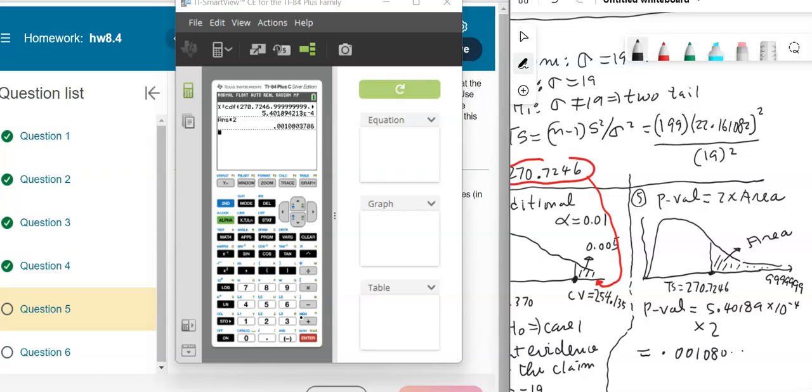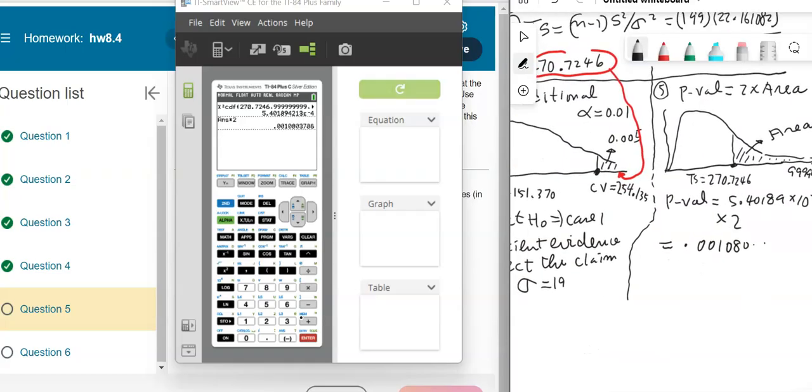So the p-value is less than alpha. Alpha is 0.01. Okay, so the p-value is less, reject the null hypothesis. So same thing, case 1. It should be the same whether you use the traditional method or the p-value.